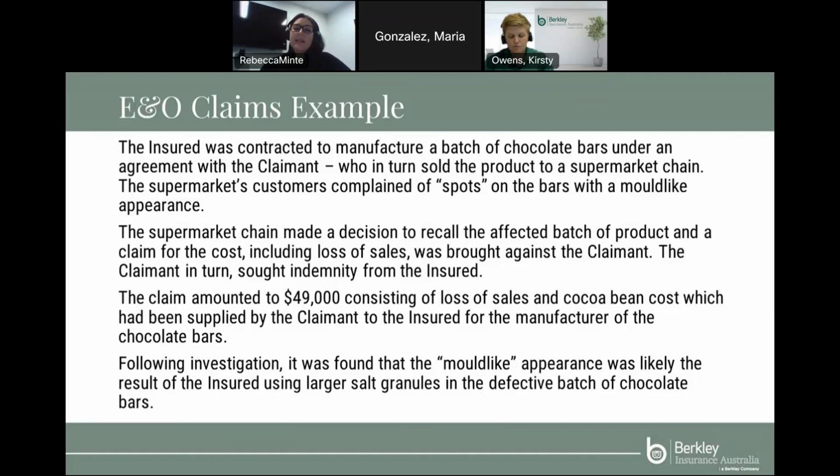So I like this example because it highlights the heightened E&O exposure when you have a client who is on-selling to a much larger business. It also stresses the importance of batch testing and batch controls. In this particular example, the client was able to mitigate their exposure by limiting the recall to only the affected batch. And they were also able to pinpoint exactly what the problem ingredient was so that future batches were not similarly affected.